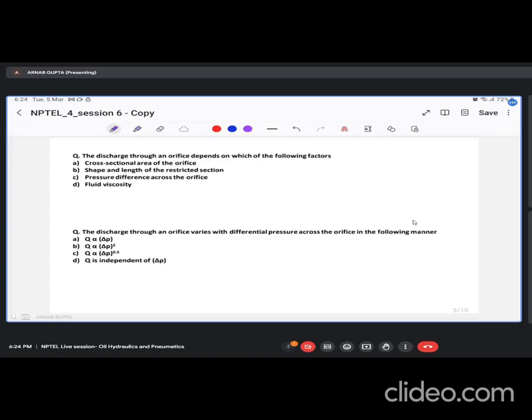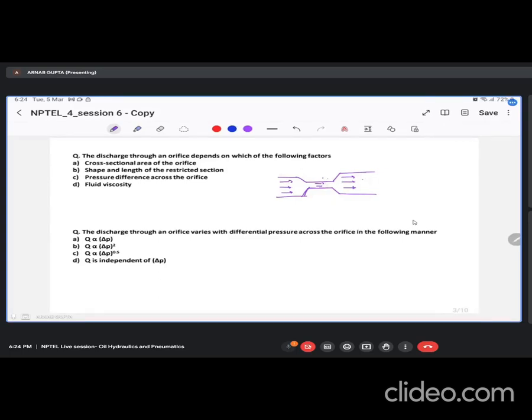So this is a fixed cross section orifice. Flow is coming in from here, it is getting restricted, and you have an outflow here. So this restriction is controlled to control the flow, the discharge through this circuit.